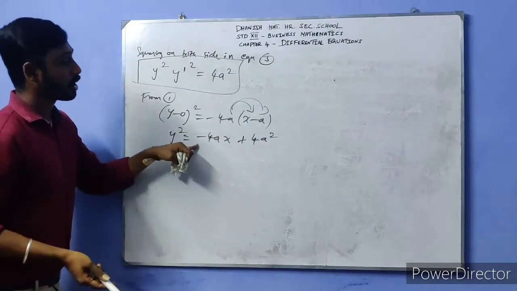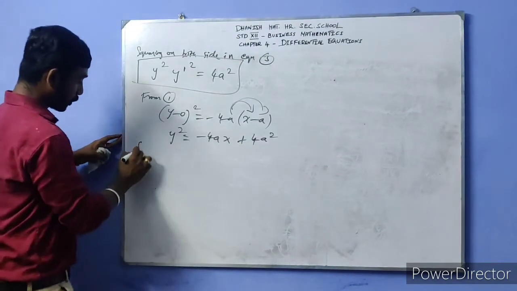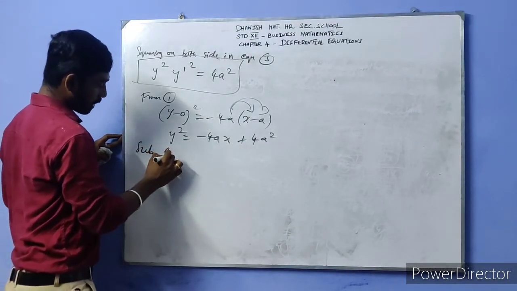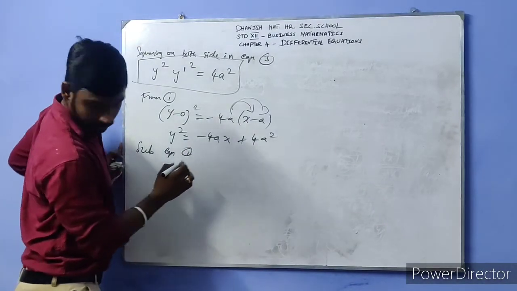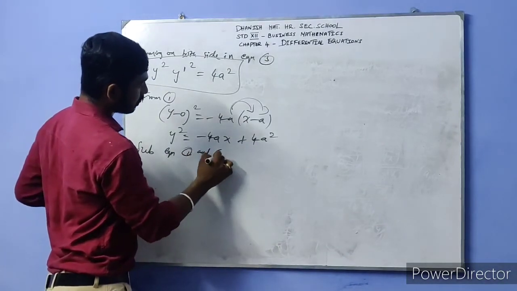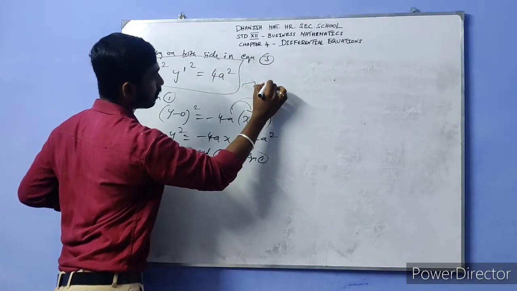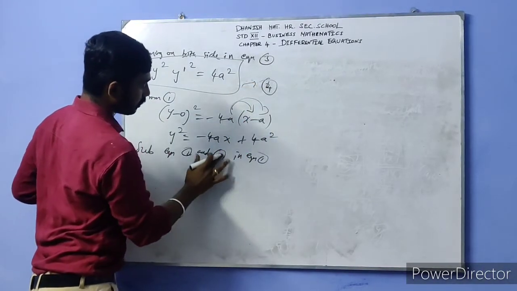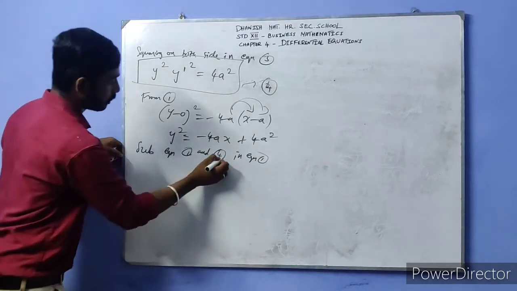Now we substitute the minus 4a value and the 4a square value. Substitute equations 2 and 3 in equation 1. This one is now the fourth equation. Equation 2 and the fourth equation in equation 1.